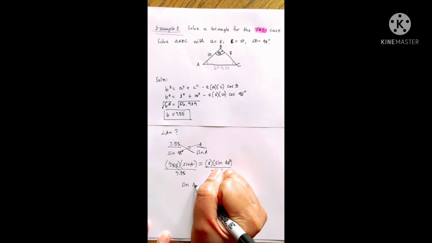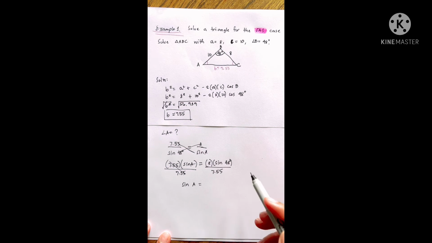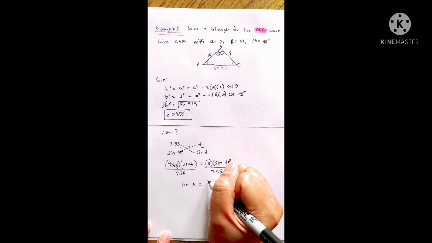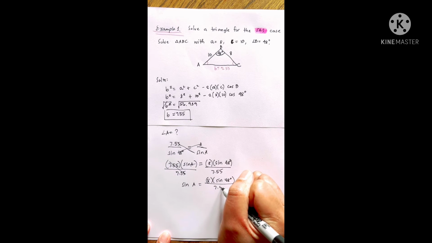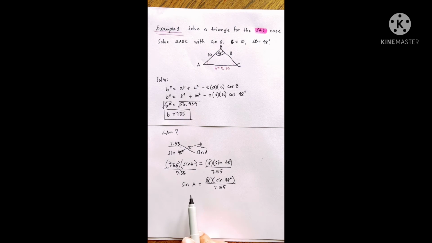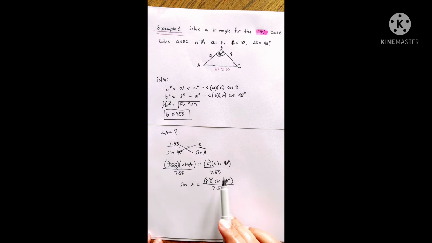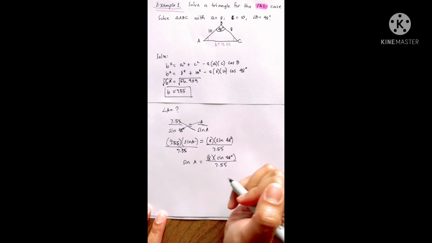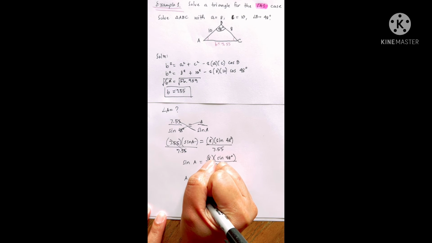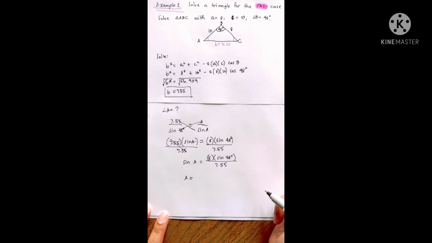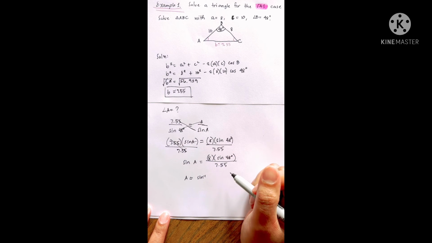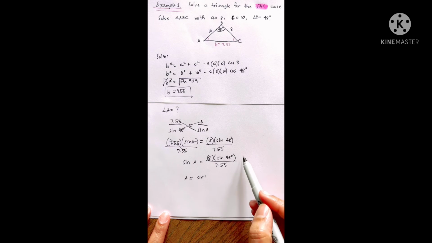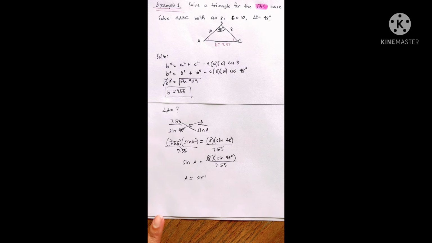So this is now sine A equals these values. Now to solve for A, we're gonna take the sine inverse of these values. So A is equal to the sine inverse. You can actually evaluate this or just plug it into your calculator to have a more accurate answer.